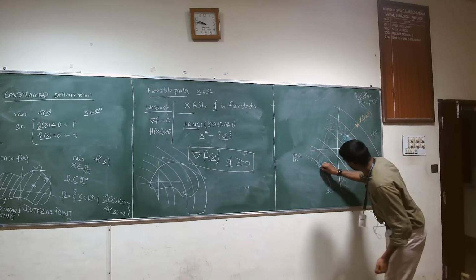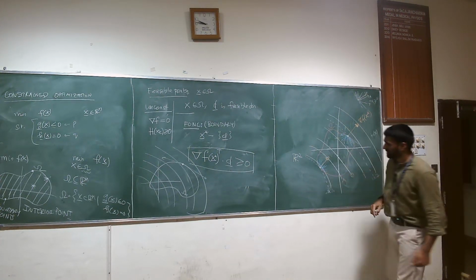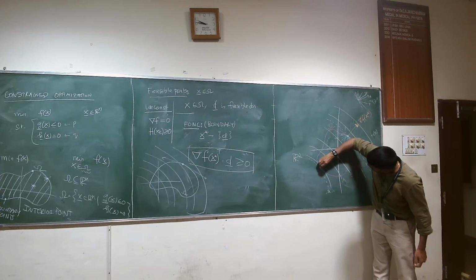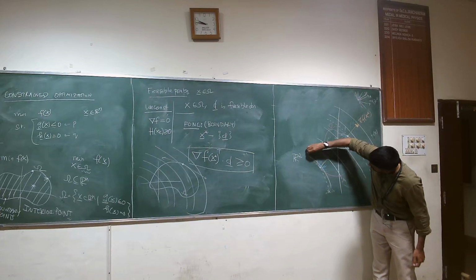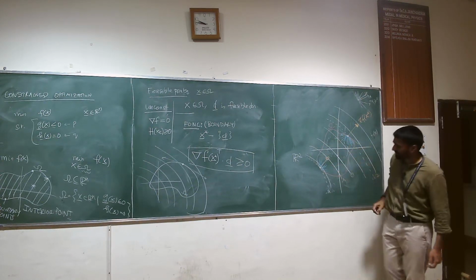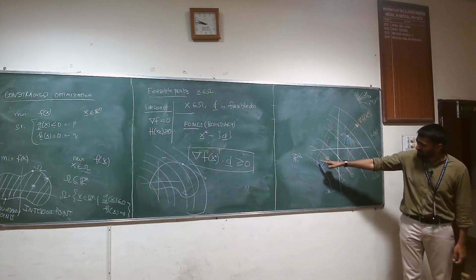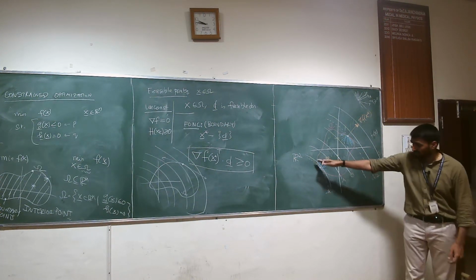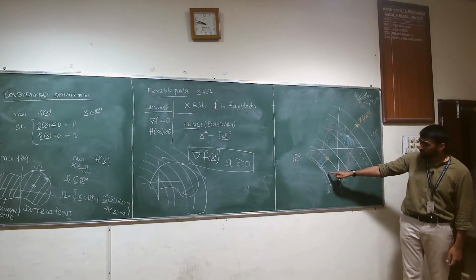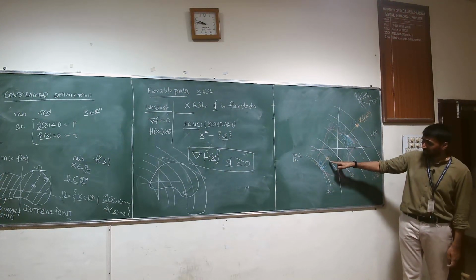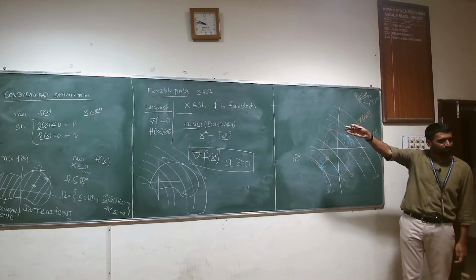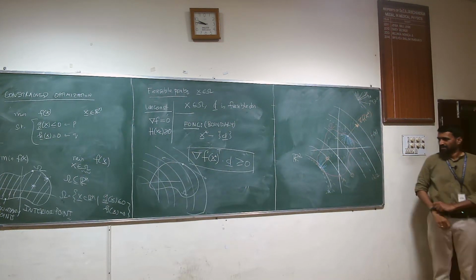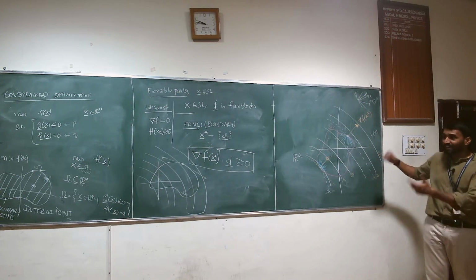The gradient is like this, and the orthogonal to the gradient is this line. All the feasible directions at this point are on one side of this line. That means no matter what feasible direction you choose, you are always increasing your function. That means this point has to be the minimum. Okay, I hope that clarifies the picture.